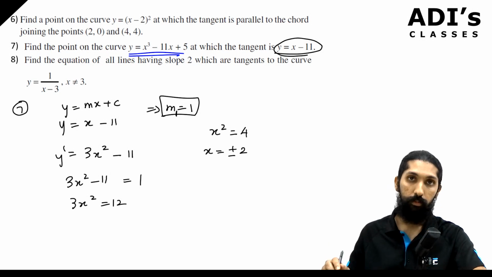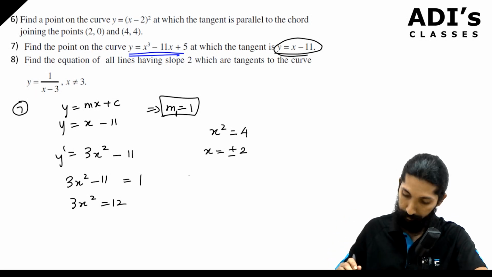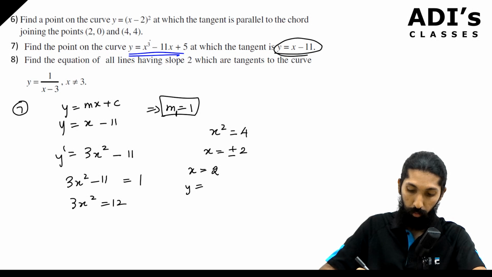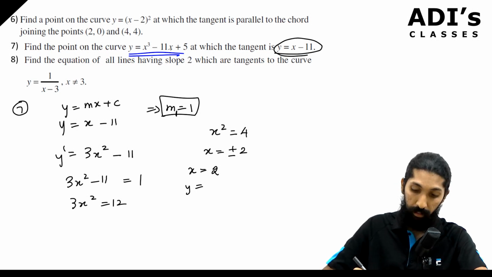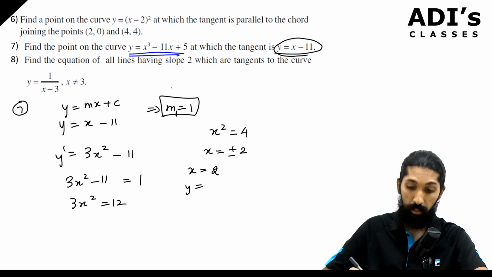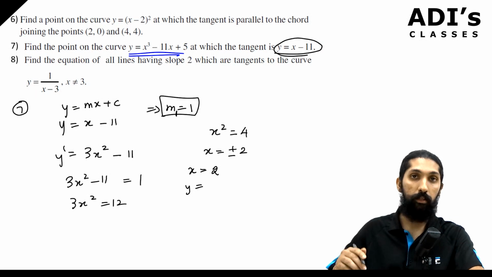Let's substitute the values and get the value of y, right? So if you have x is equal to 2, then y value will become, so 2 cube is 8, 8 minus 22 plus 5, correct? Or you can say 13 minus 22, isn't it? So when you have 13 minus 22, it's going to be minus 9.